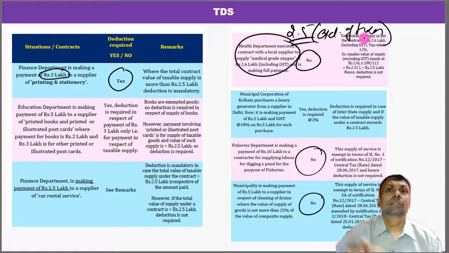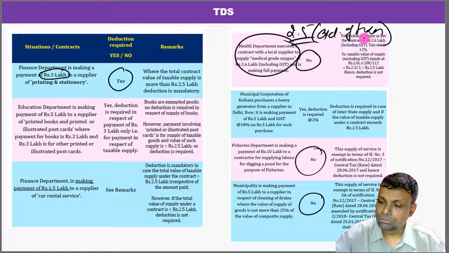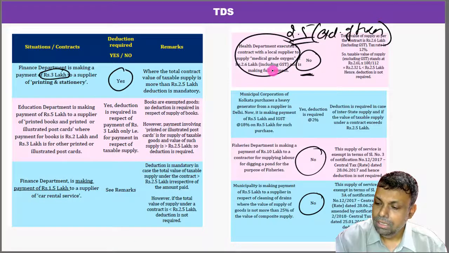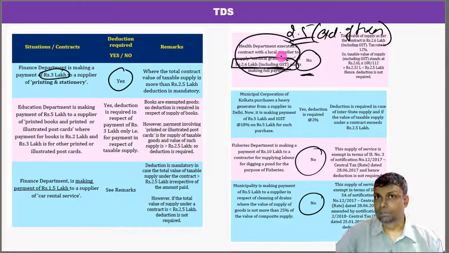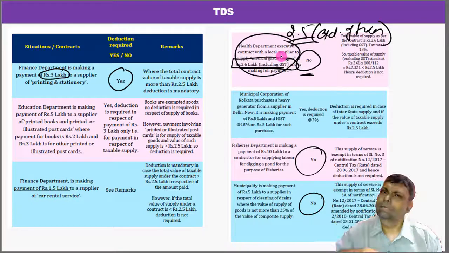But it is possible that the 2,60,000 rupees contract value is inclusive of tax. That means 2,60,000 is including taxes. So this is one example they have given: if the value is 2.6 lakh rupees including your GST figure, you have to convert it to the exclusive figure, and if that exclusive figure is greater than the limit, then the TDS will apply, otherwise TDS will not apply.